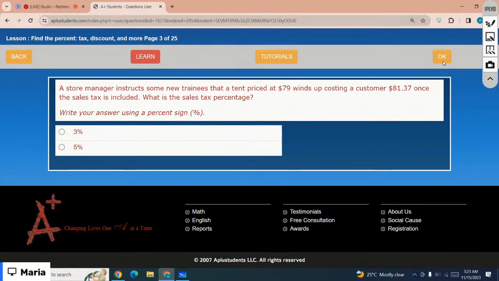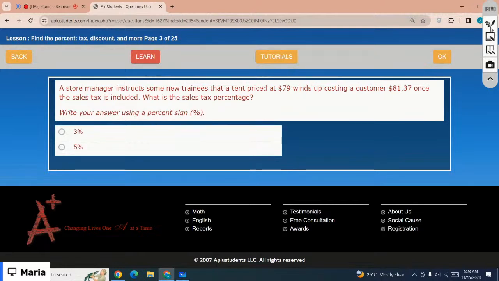So just calculate the amount of change. 81.37 minus 79, that is 2.37.